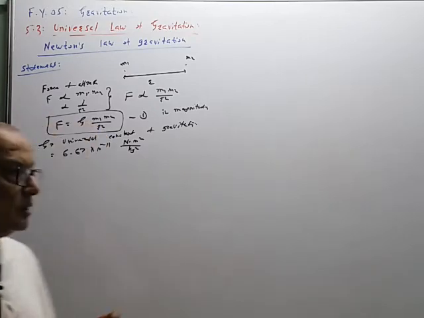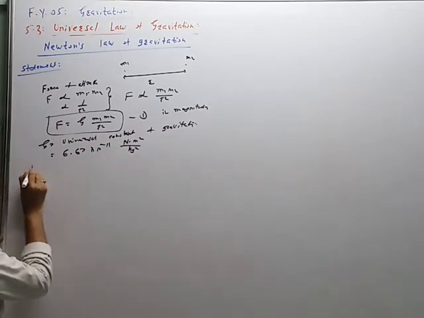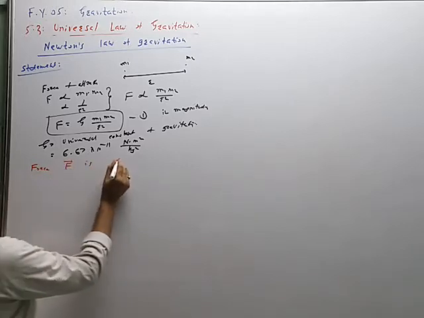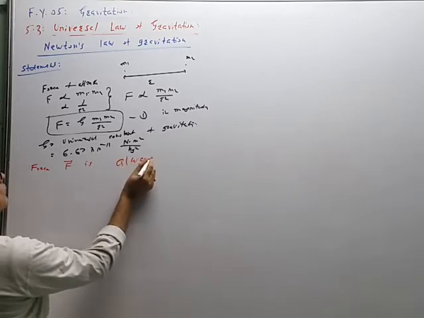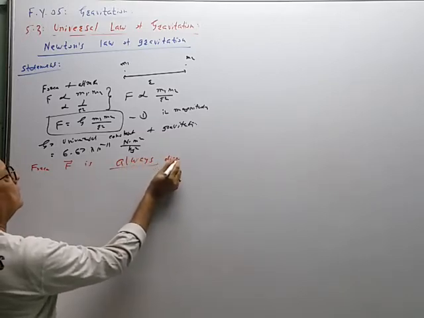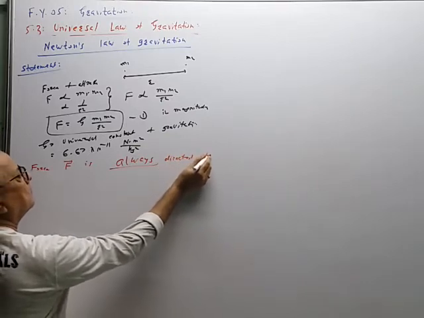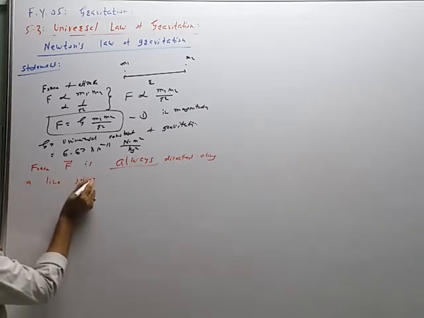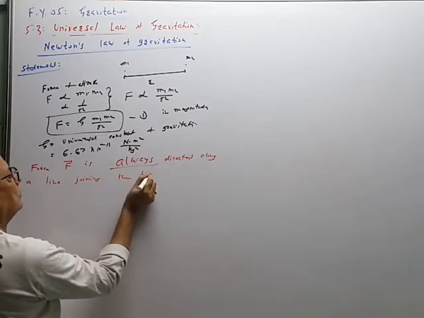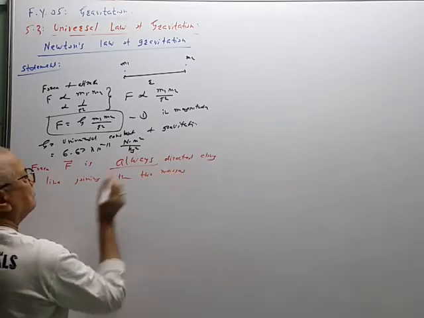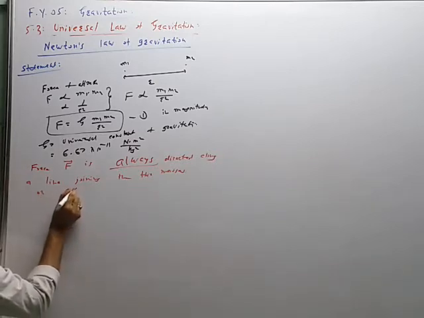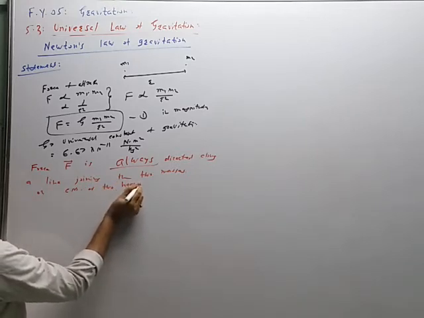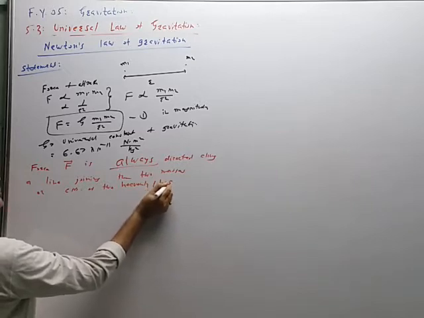Now this is the magnitude, and what about the direction? Vector force F is always directed along a line joining the two masses, or the centers of mass of the two bodies if they are very large or huge.